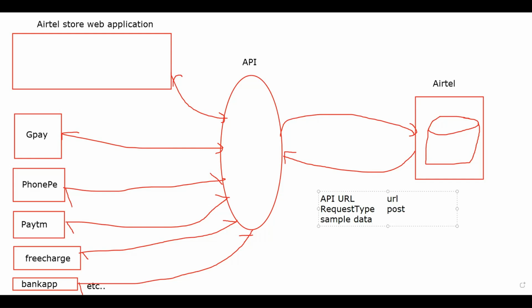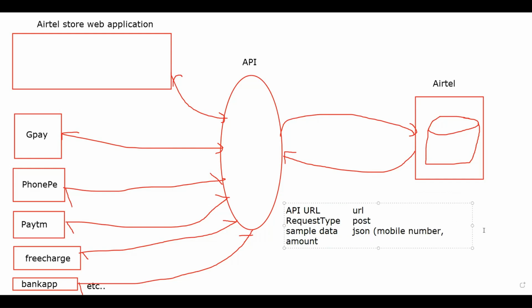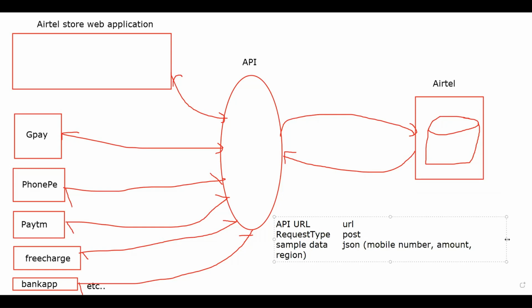We'll be passing some JSON format like mobile number, amount, what is the amount you need to recharge, and what is the region where you are, which country, which state or which region. Okay. All those things you need. Based on that, it will do the recharge.